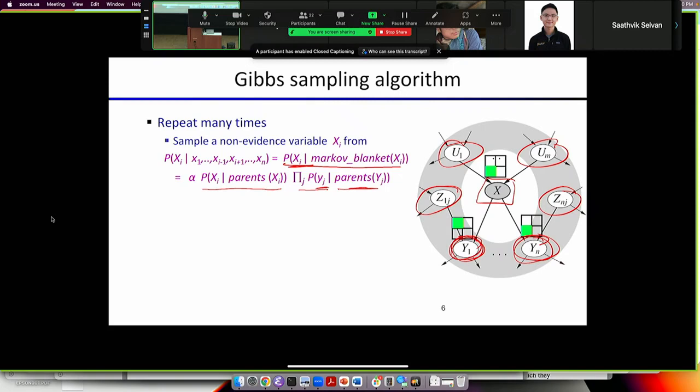So you're just multiplying some numbers in the parents of X and in the children of X, and that gives you the distribution for X. You do that for each of the values of X. Now I have a distribution. Now I sample from that and repeat. So it's a very, very straightforward algorithm. It's about 6 lines of Python altogether, and runs pretty efficiently.